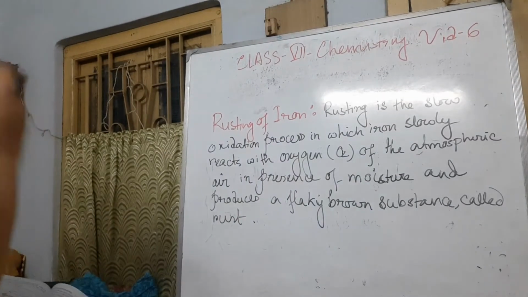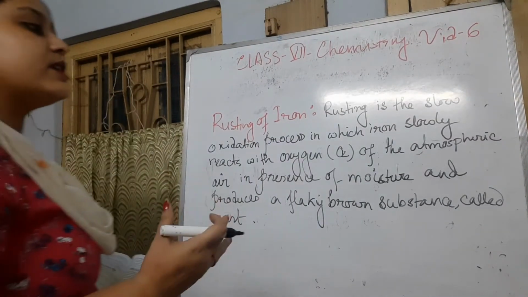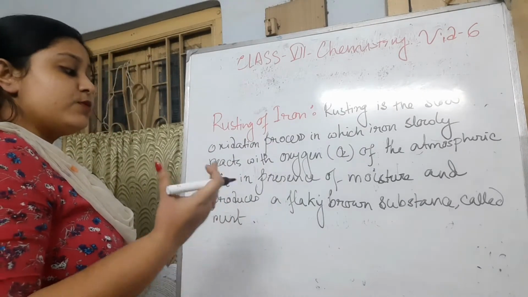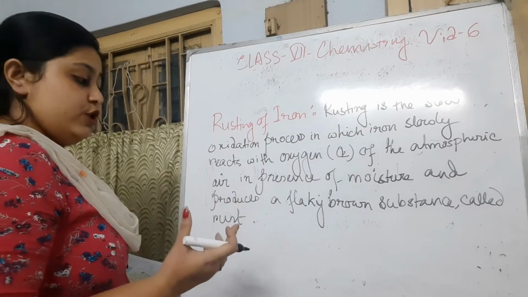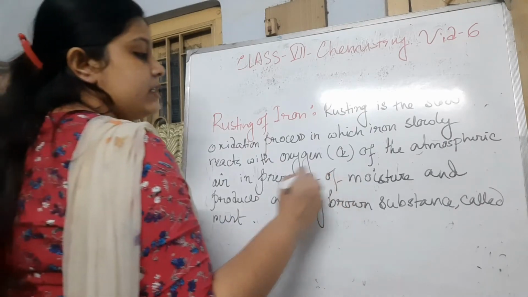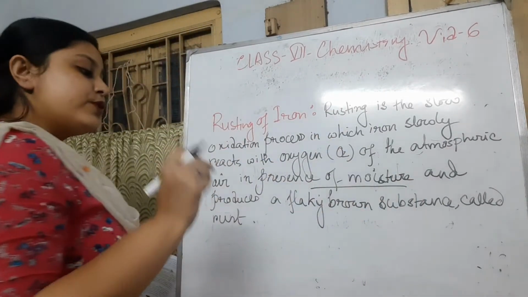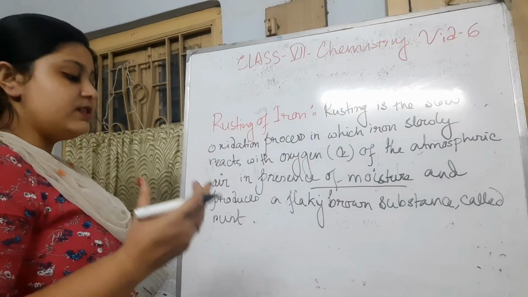Okay, so rusting is the slow oxidation process in which the iron slowly reacts with oxygen of the atmospheric air in presence of moisture. That is very important, that it only reacts in the presence of moisture and produces a flaky brown substance called rust.